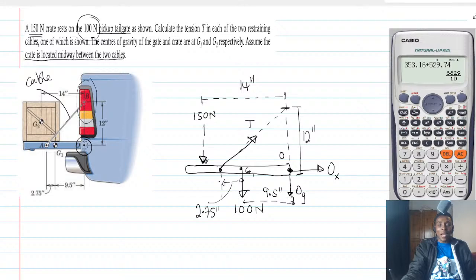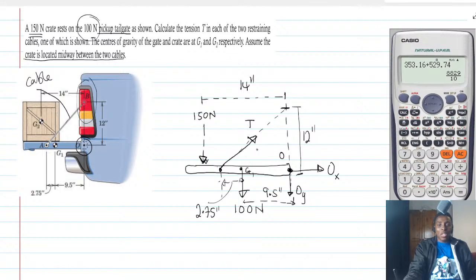I'm talking about the reaction forces at O. Okay. Alright. So now I think everything is set. So this is actually the free body diagram. Okay. This is the free body diagram.